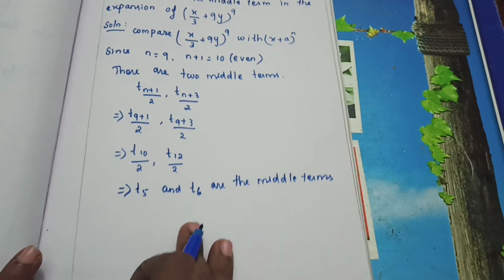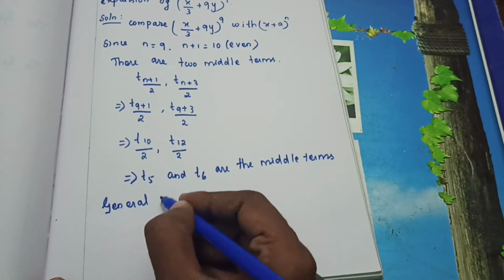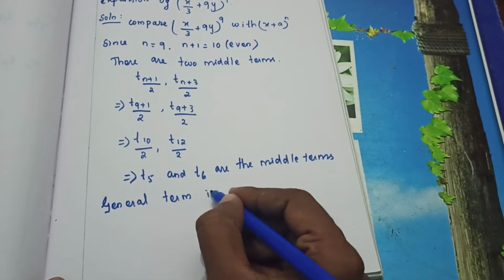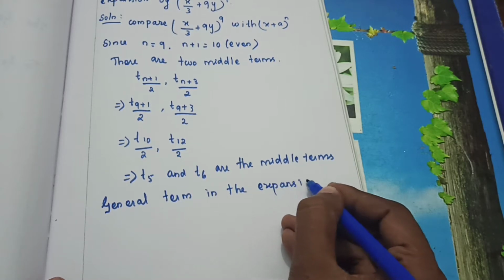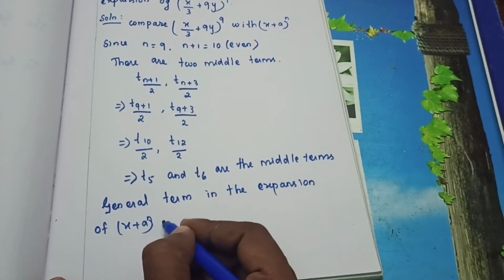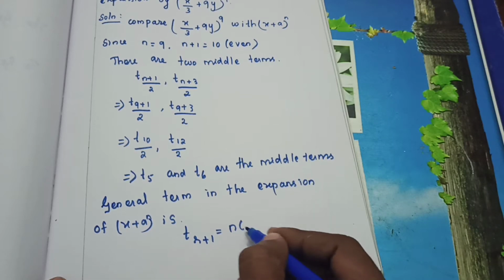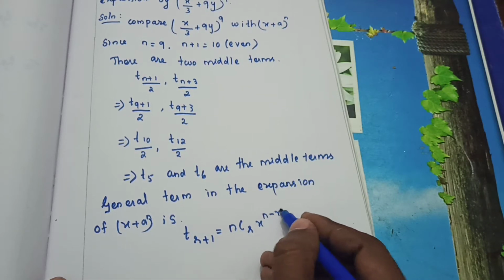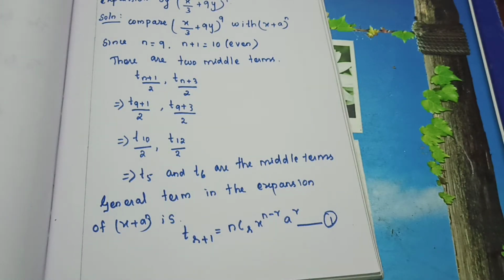First we are going to use the general term in the expansion of (x + a)^n. What's the formula? T_(r+1) is equal to nCr x^(n-r) a^r.